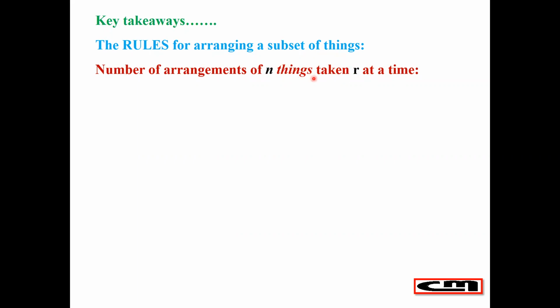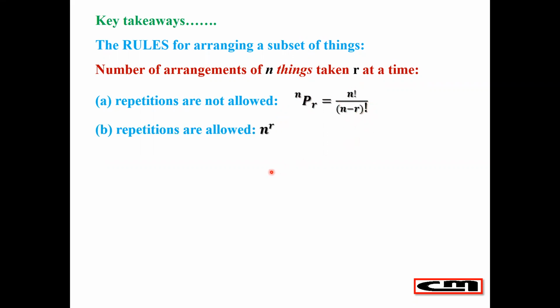So what do you do? Situation A, repetitions are not allowed. How do you arrange these things? You pick from n things, r subset, it's the same as n factorial over n minus r factorial.